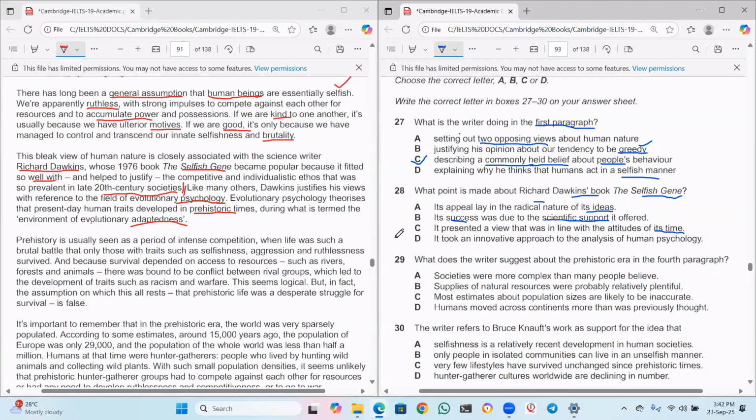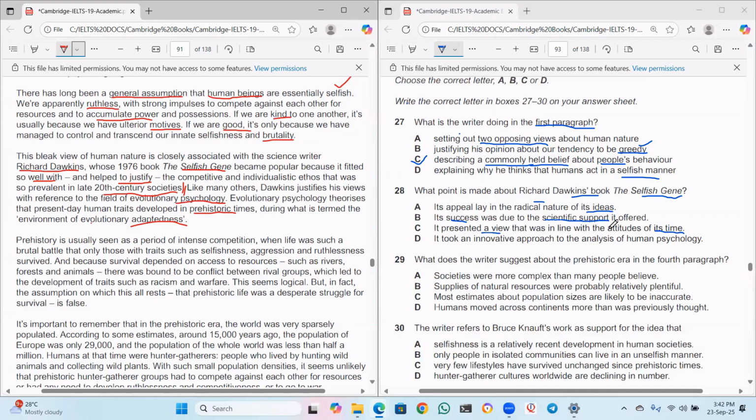Because what do you think? See, it presented a view that was in line with the attitudes. See, it became popular because it fitted so well, and it helped to justify the competitive and individualistic ethos that was so prevalent in the 20th century. See, attitudes of its time means the 20th century societies, right?